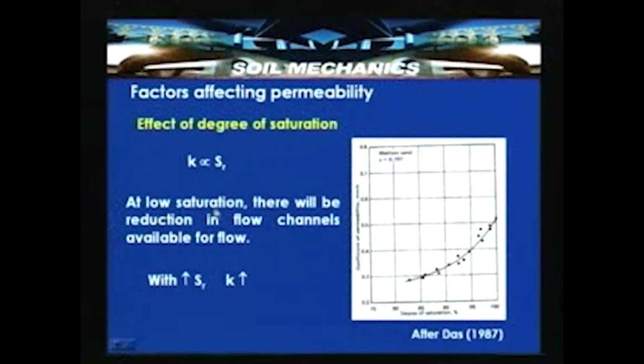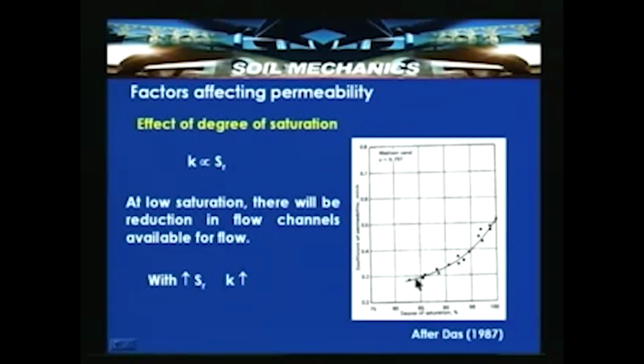Now, another factor affecting the coefficient of permeability is the degree of saturation. K is proportional to S_r. At low saturation, there will be a reduction in flow channels available for flow. Here, after Das 1987, the chart shows degree of saturation on the x axis and coefficient of permeability in mm per second on the y axis for a medium sand with e equal to 0.797.